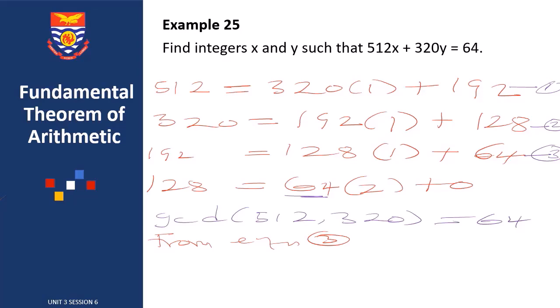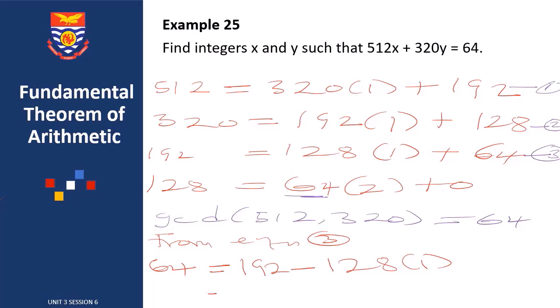You can see that 64 is equal to 192 minus 128 times 1, and I think you agree with me. Then from equation 2, we have 128 equals 320 minus 192.